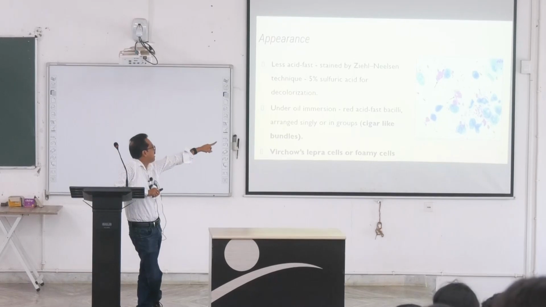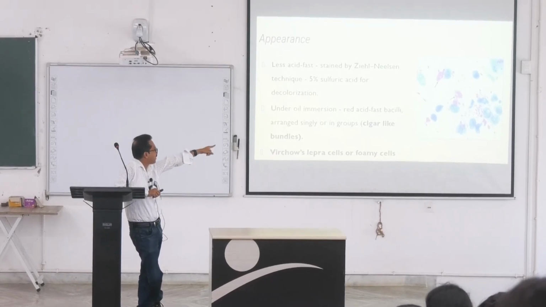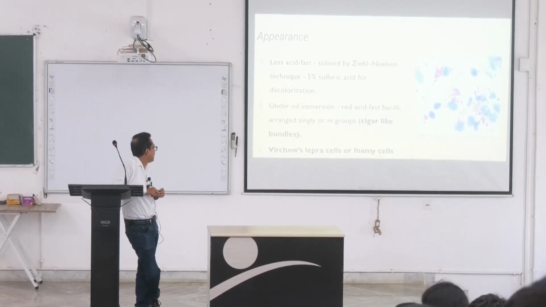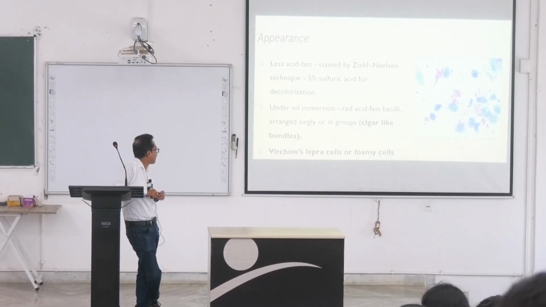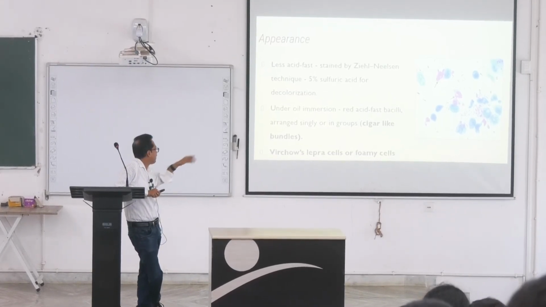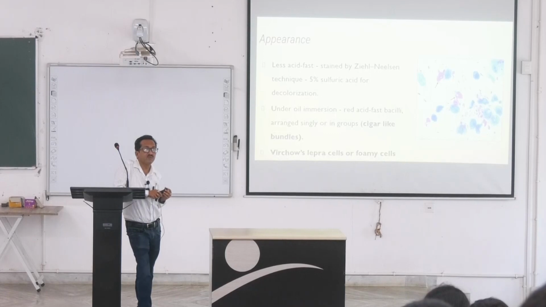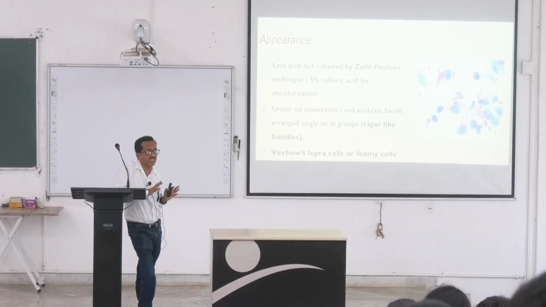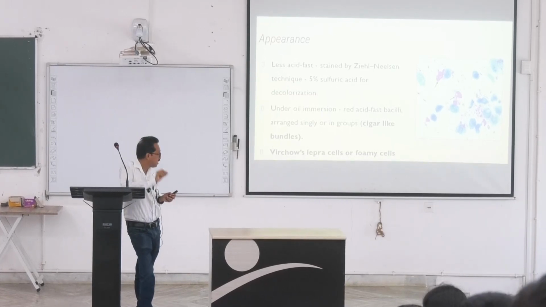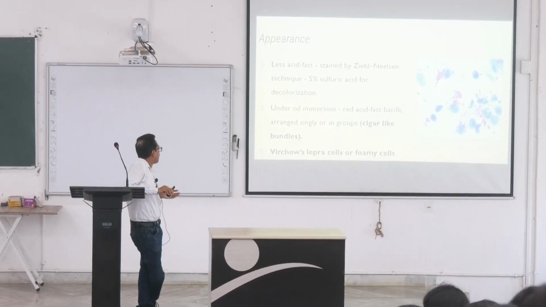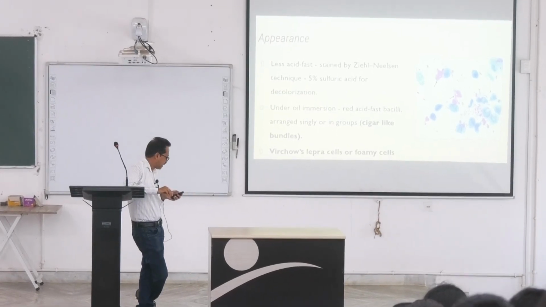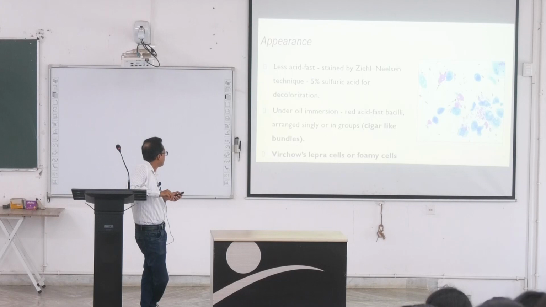These are all lepromatous lepra bacilli, seagull-like bacilli, and there are vacuolated lepra cells or foamy cells in the smear. There is also a name for this seagull-like bundle. You remember the name: globi. More groups of seagull-like bundles of acid-fast bacilli form globi.